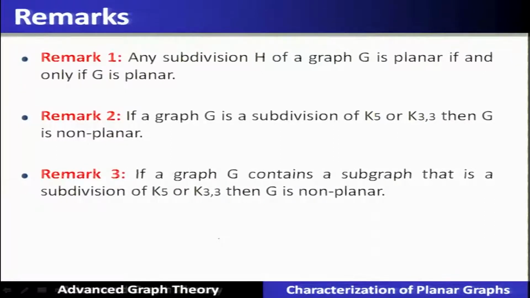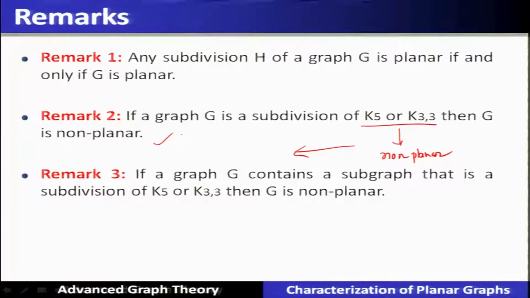Remark 2 says that if graph G is a subdivision of K5 or K33, then G is non-planar. Why? Because we have already proved earlier that K5 and K33 are non-planar, and any graph which we obtain as a subdivision of these graphs will also be non-planar.